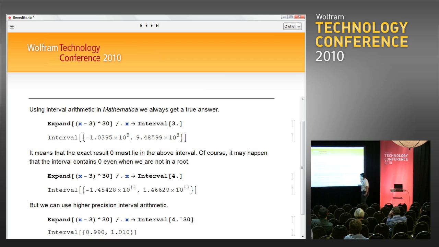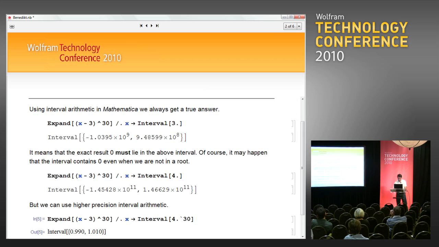But one of the things that I may do is to increase the precision from the double precision, which means about 16 digits, to 30 digits, and I get a smaller interval which still contains 1, but now it doesn't contain 0. So now I can be sure that 4 is not a root of this polynomial.